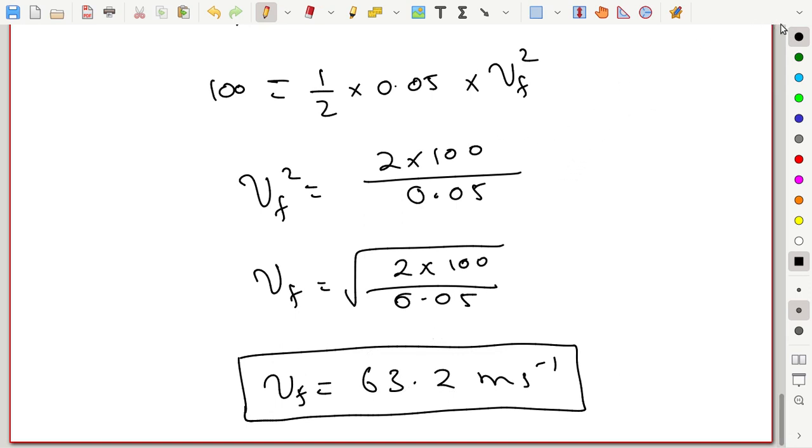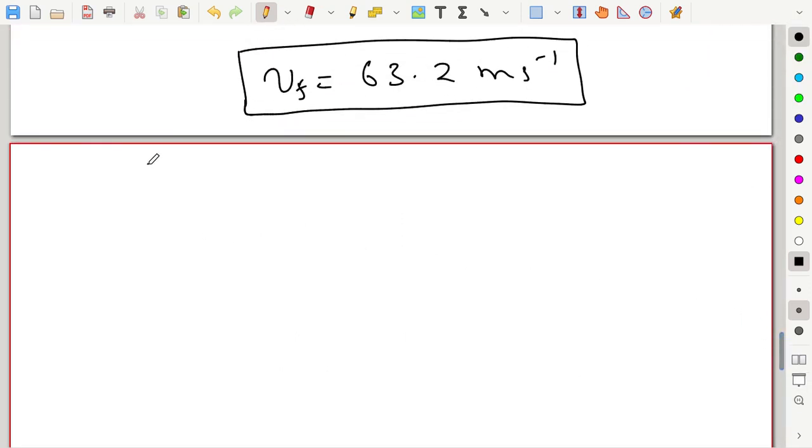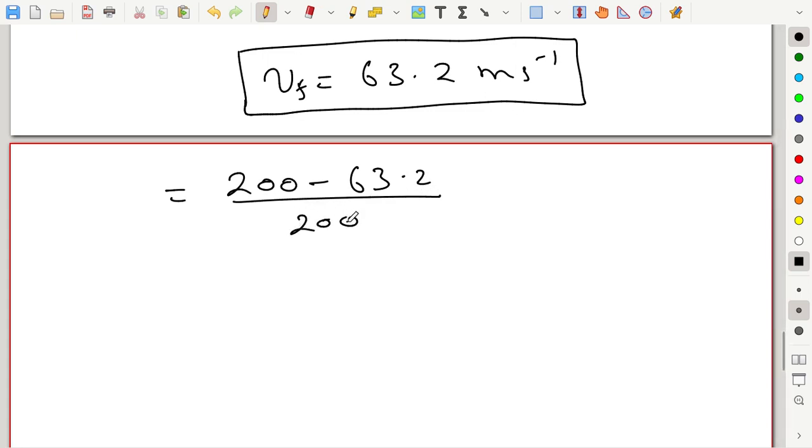Let's calculate approximately how much it loses. So the loss of velocity is equal to, initially it is traveling at 200, minus 63.2, divided by the original, into 100 gives the percentage.